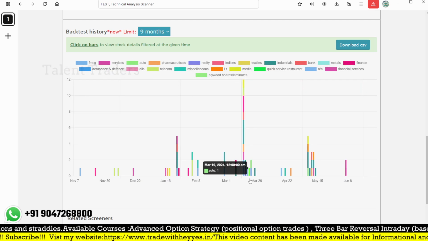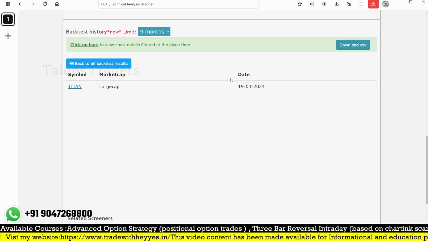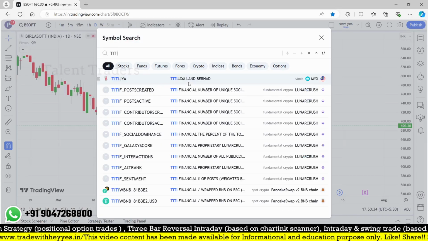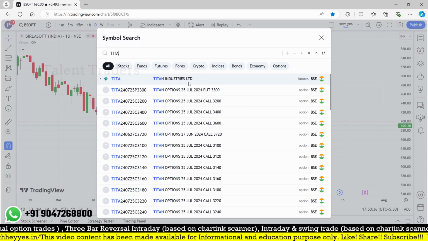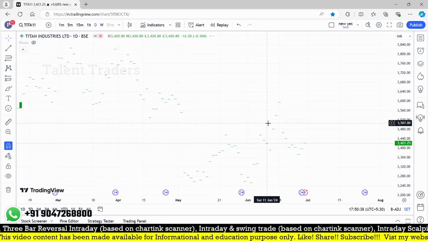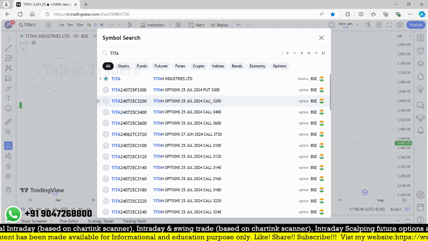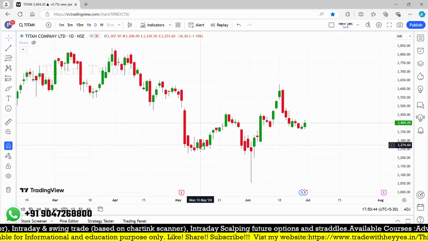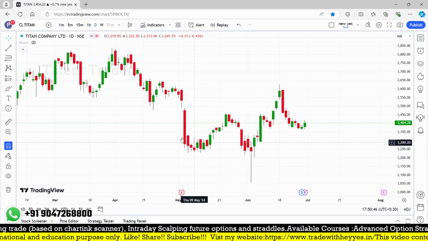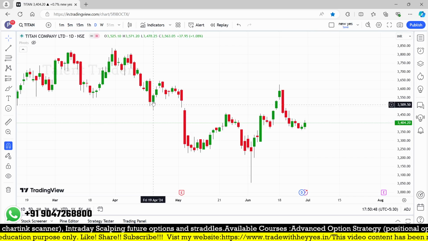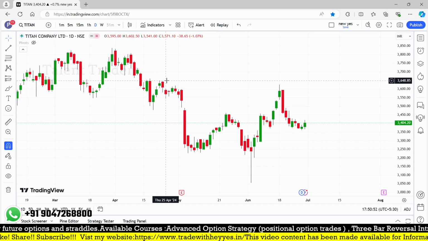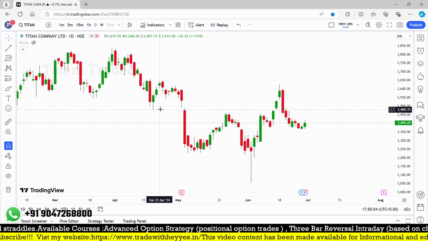And in the previous data, one stock here, Titan, 19.4, 19 April. Here is the 19.4. So we have an opportunity, within 3 days it went up, and the same day low was our stop loss.